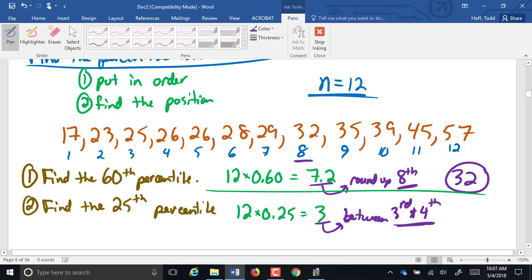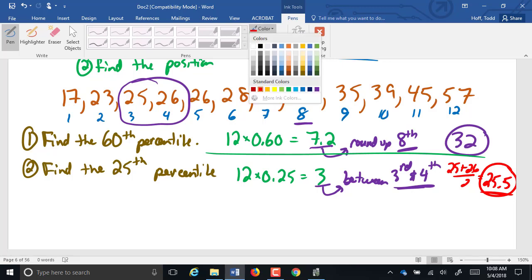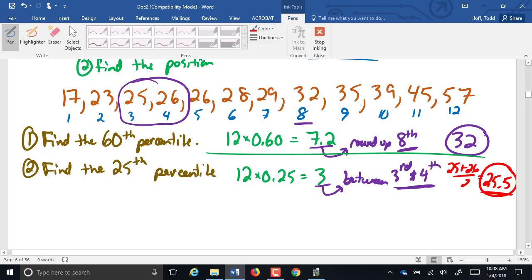So that's telling us our 25th percentile is between the third and fourth number. Third number is 25, the fourth number is 26. So the 25th percentile is found by 25 plus 26 divided by 2, or 25.5. 25.5 is the 25th percentile. You only round up the position, not the number itself.